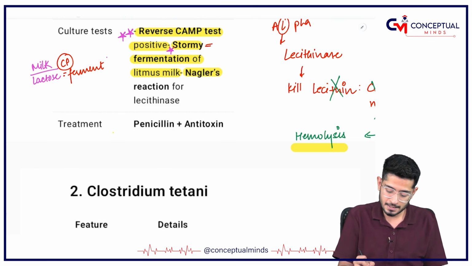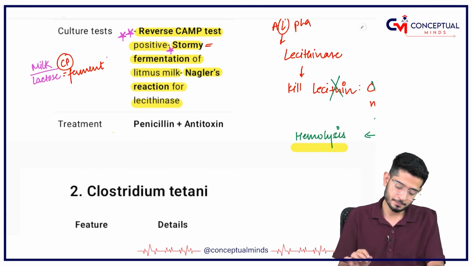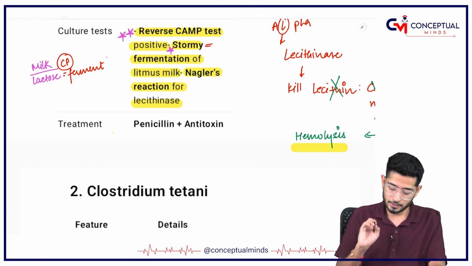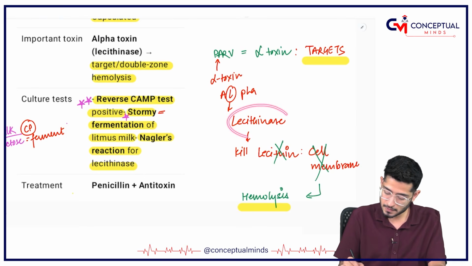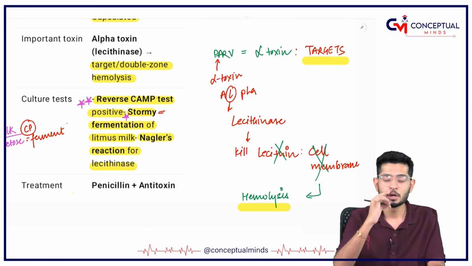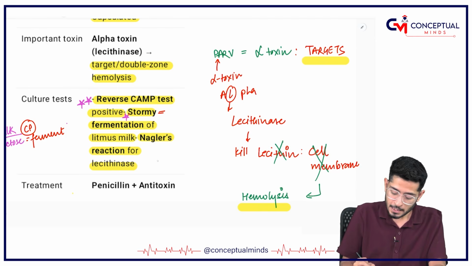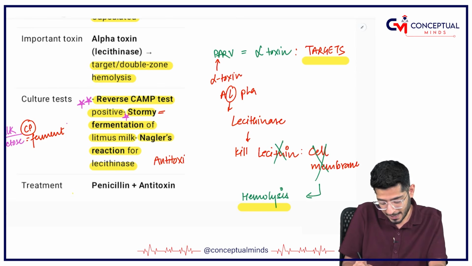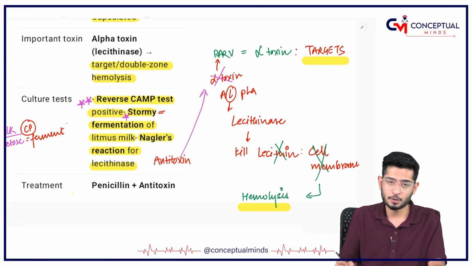And the third one is the Naegler's reaction for lecithinase. Okay. So what happens? See here, Naegler's reaction for lecithinase. I have told you that this Clostridium perfringens is responsible for production of lecithinase. So my dear friend, please understand, if I give the antitoxin, that means alpha toxin will not be produced.